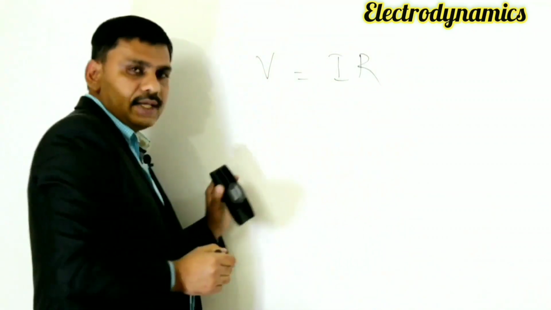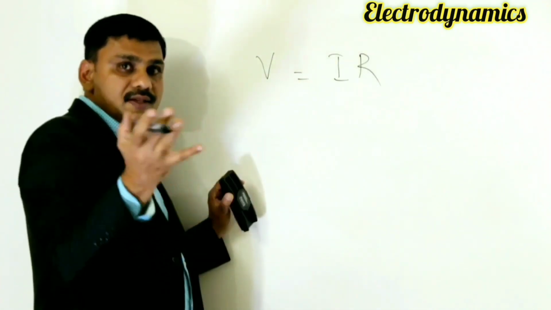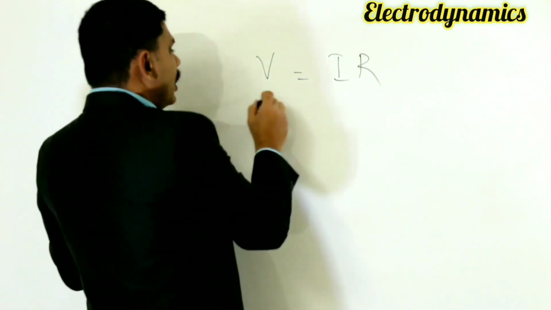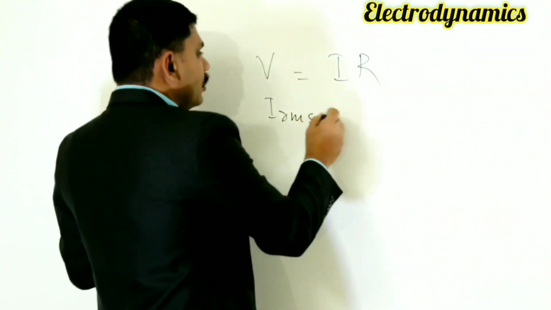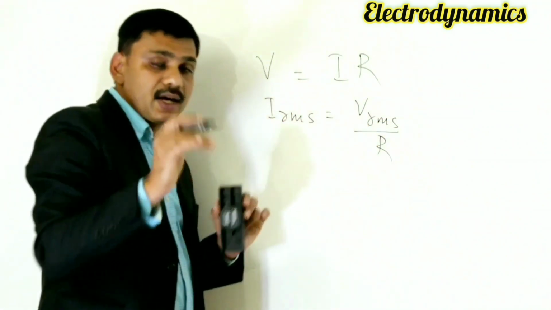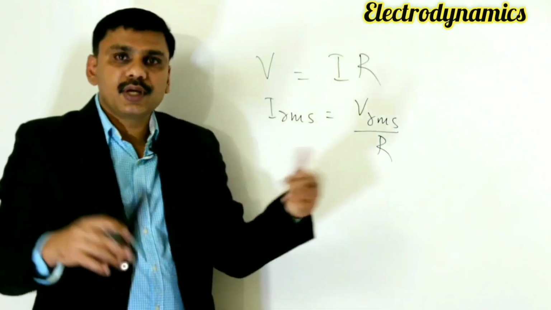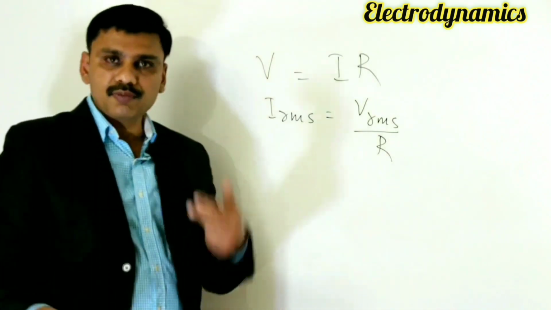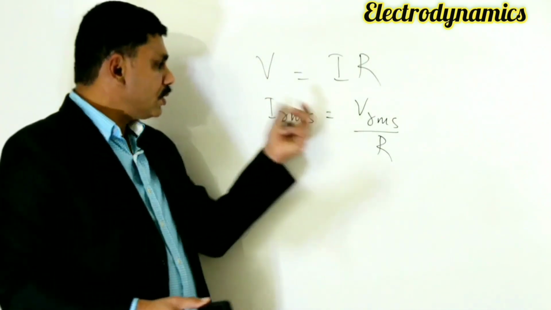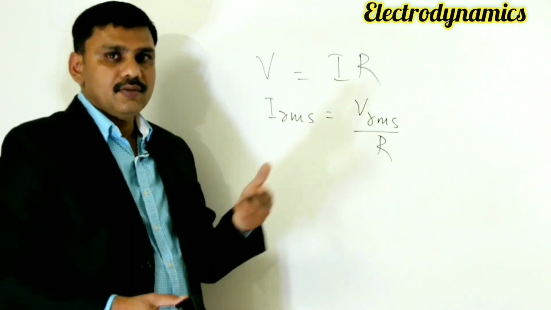If you know the voltage Vrms, how will you get the Irms if the resistance is given? Irms equal to Vrms divided by R. So by knowing the Vrms, you can calculate Irms by using Ohm's law.